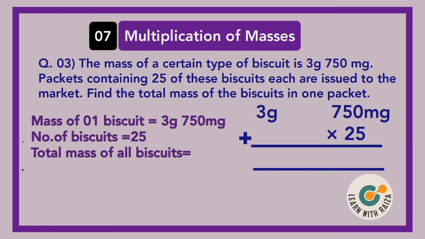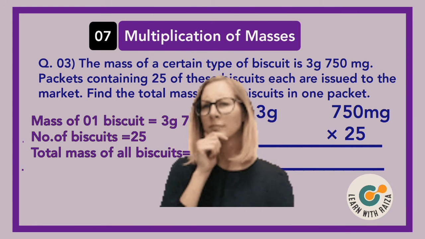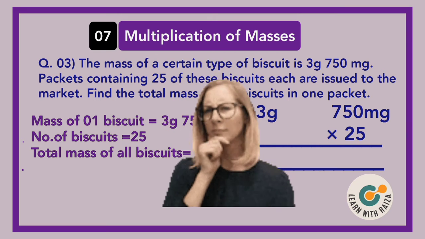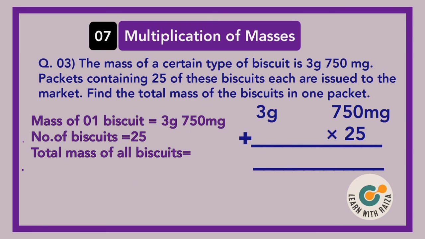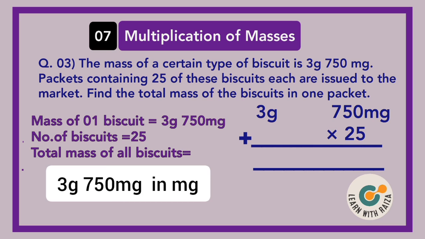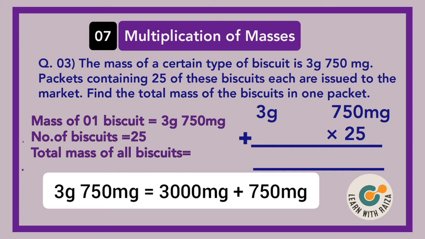Now you know how to multiply. I'll tell you another method. If you find it difficult to multiply 3 grams separately and 750 milligrams separately, you can convert 3 grams 750 milligram to 1 unit. So I'll be considering here 3 grams 750 milligram in milligrams. That is, 3 grams are 3000 milligram. So 3000 milligram plus 750 milligram is 3750 milligram.